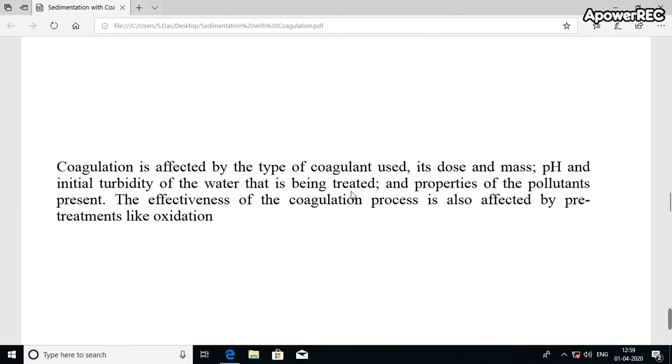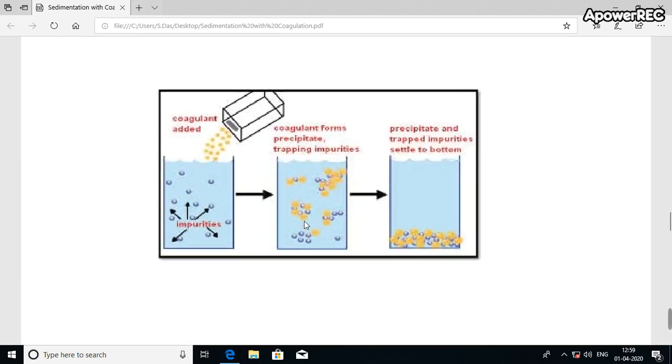Obviously, coagulation is affected by the coagulant used, its dose and mass. We need to restrict the doses of the coagulant. We also need to think about the pH and the initial turbidity of the water. In this process, you can see that first of all there are impurities moving in the water.